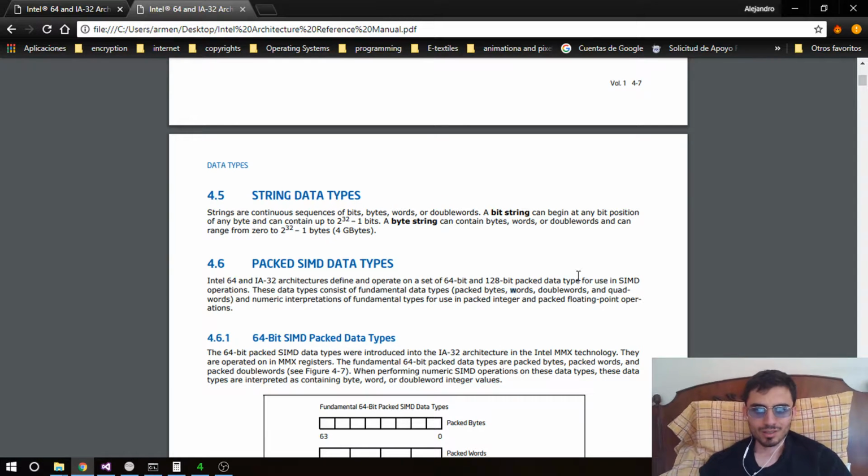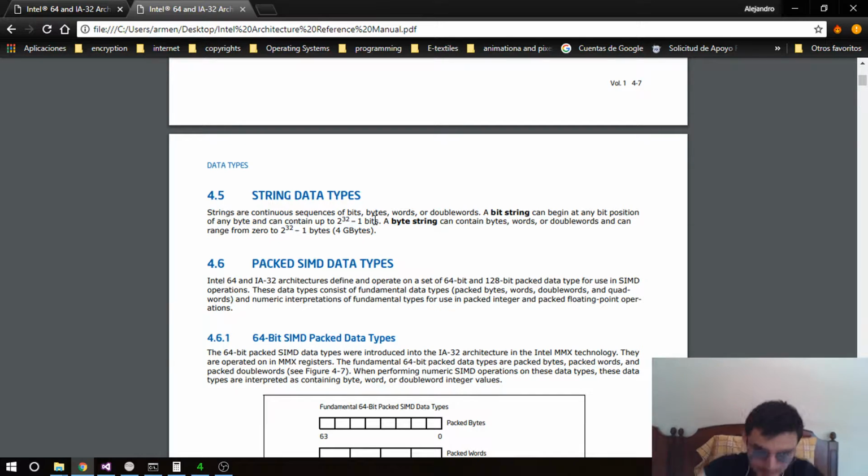Oh, okay. I'm sorry, I didn't see this. A bit string and a byte string can have the same kind of range, and the byte string is going to be bigger, 4 gigabytes. So there are two types: the bit string and the byte string.